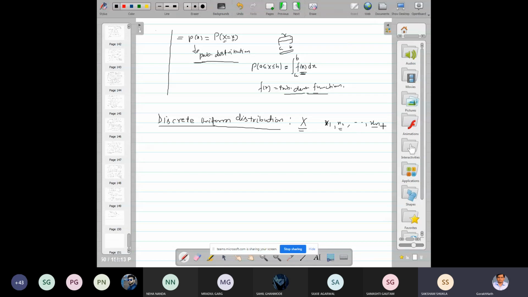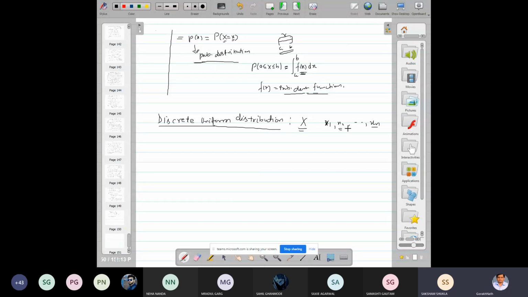The probability of any two events is the same, each of which can occur with equal likelihood.